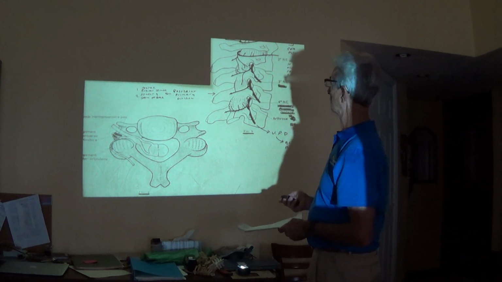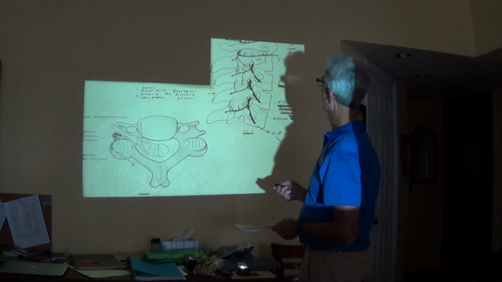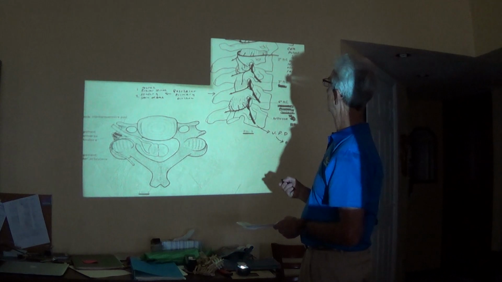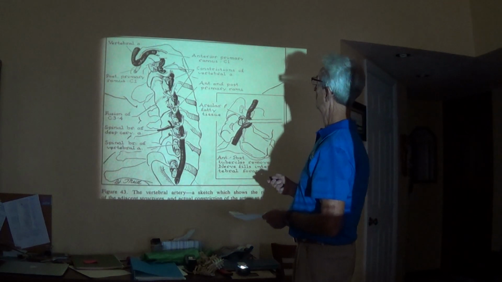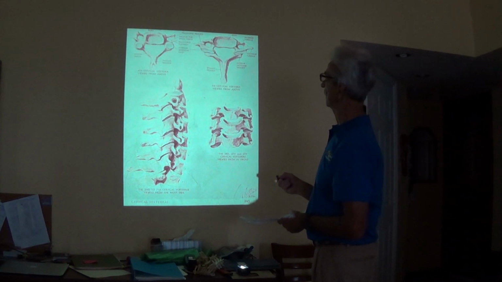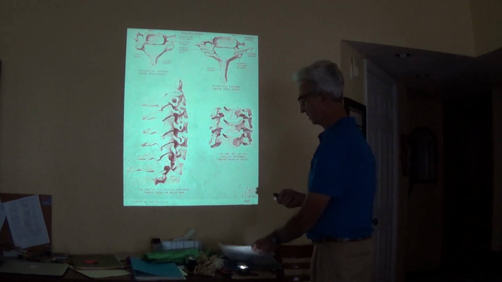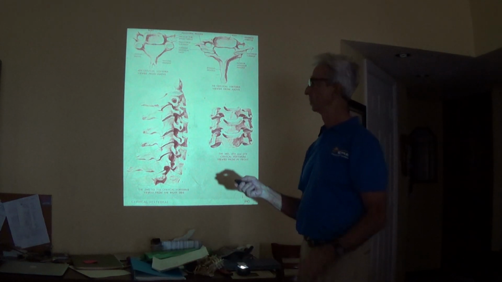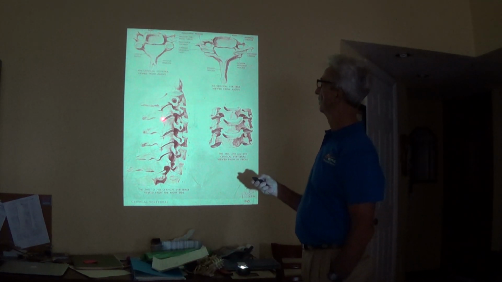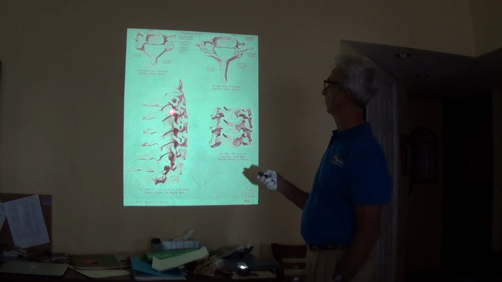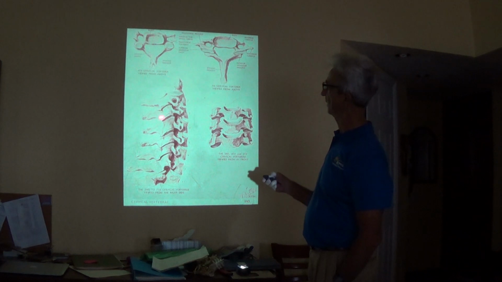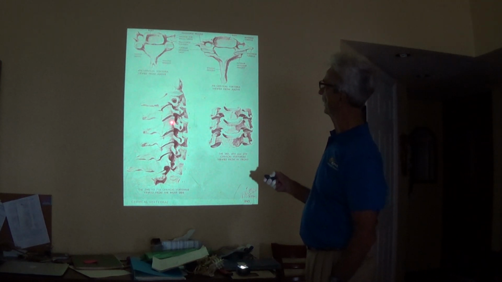Now, the next thing we want to look at here is the effect of movement on the intervertebral foramen. What I like to do here is liken this to the wings of an airplane and how they're slanted like this to make the plane go up or down.